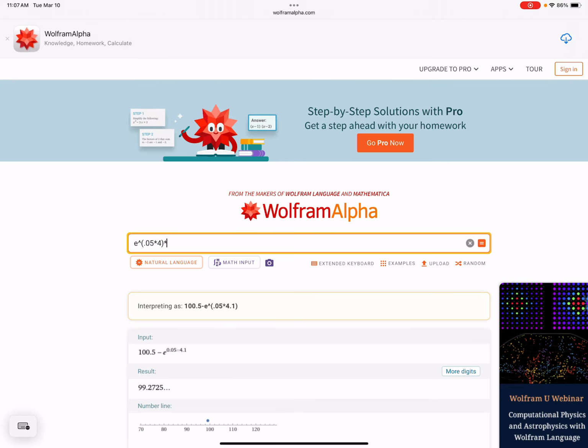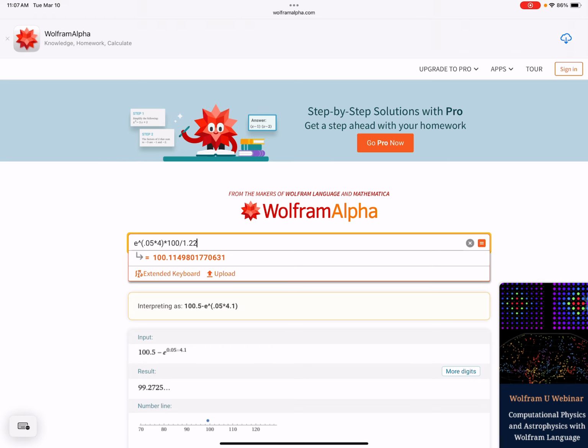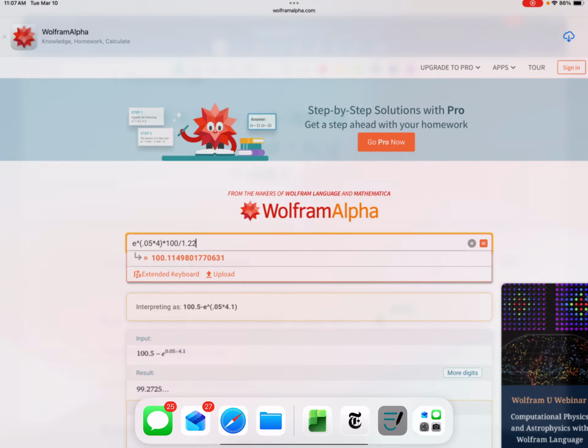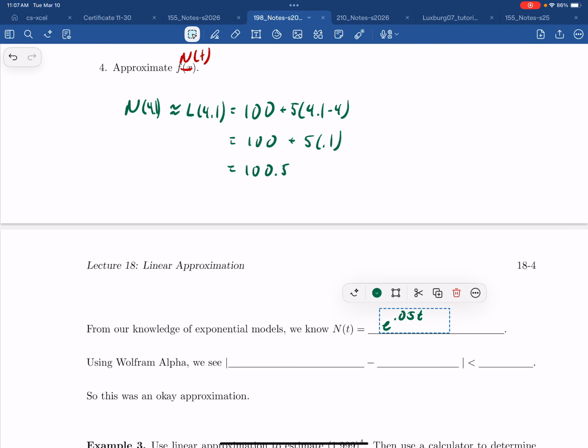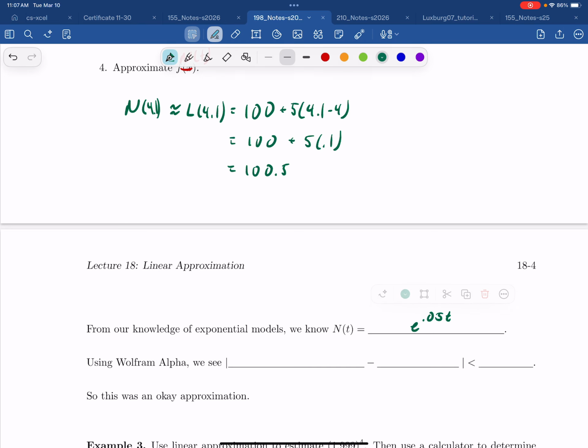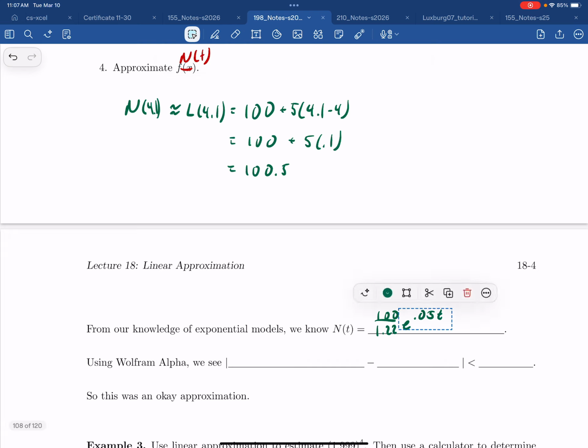So I'm going to say 100 divided by 1.22. Okay, so that's our coefficient. We actually know a little bit more. Turns out our function is really 100 divided by 1.22, or roughly speaking, times e to the 0.05t. Right, now we'll get a much better approximation.